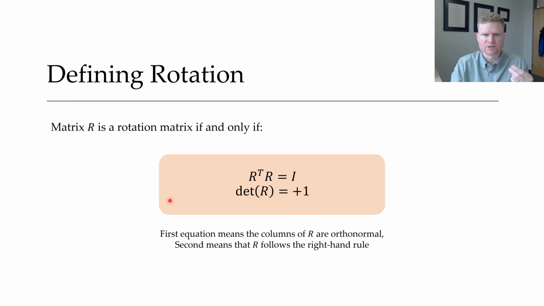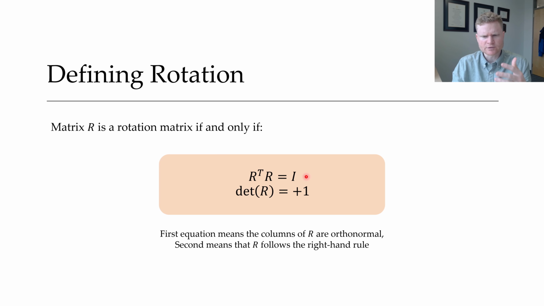The first rule is that R transpose R must be equal to identity. Here I'm using I as shorthand for identity. You might remember that an identity matrix is ones along the diagonal and zeros everywhere else. The second rule is that the determinant of R must be equal to positive 1. If an arbitrary matrix satisfies these two rules, then that matrix is a valid rotation matrix.